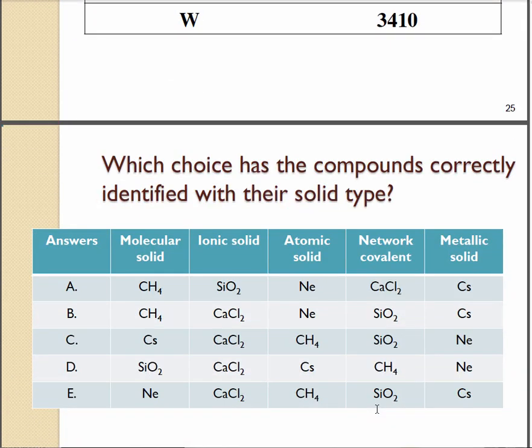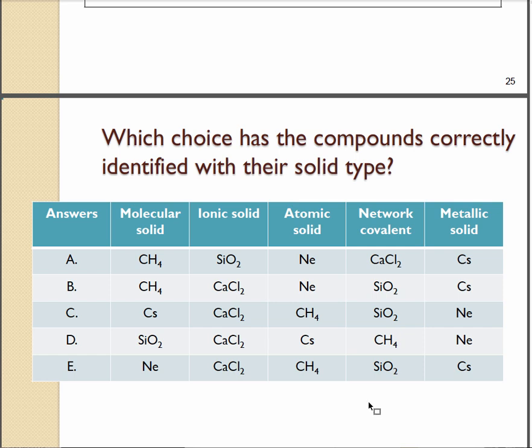Last slide and the answer. Which organizes these in the proper molecular solid, ionic solid, atomic solid, covalent network solid, or metallic solid? Pause the video if you like. I think the answer is something like there aren't very many atomic solids, only the noble gases.